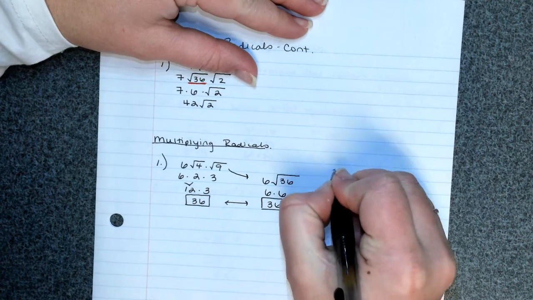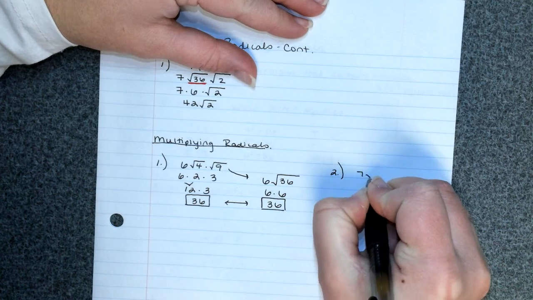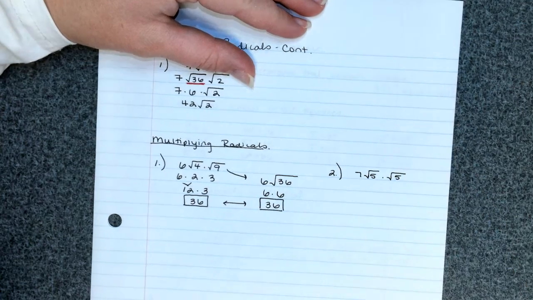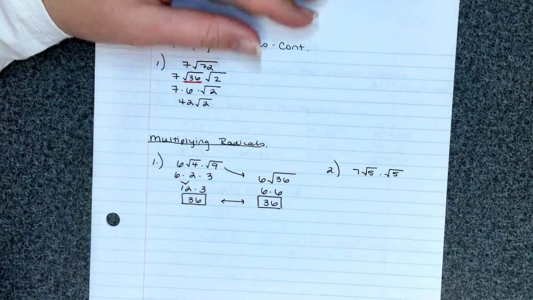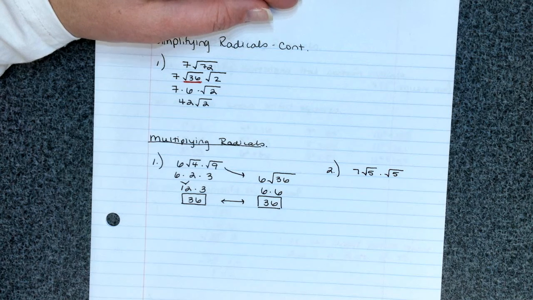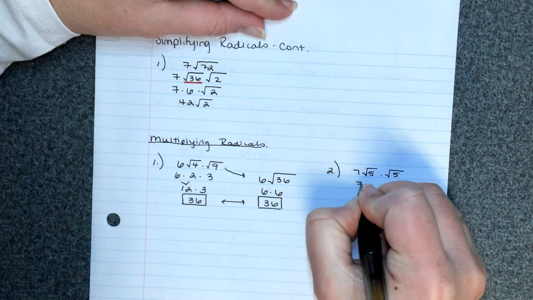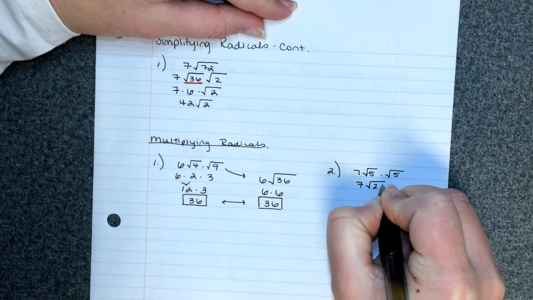The next one. If I have 7 square roots of 5 times the square root of 5, what is this one going to turn into? Not 25 times 7. 7 square roots of 25.